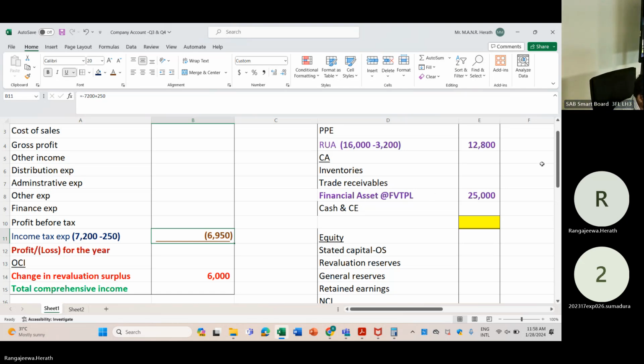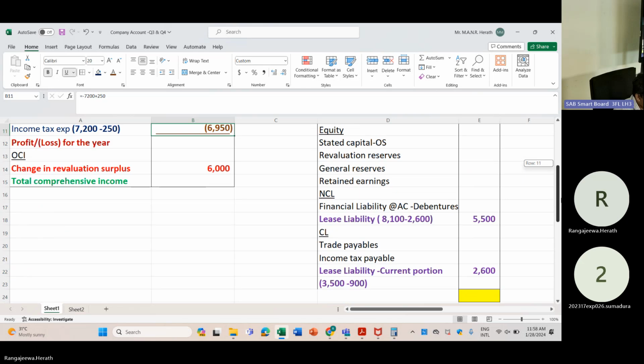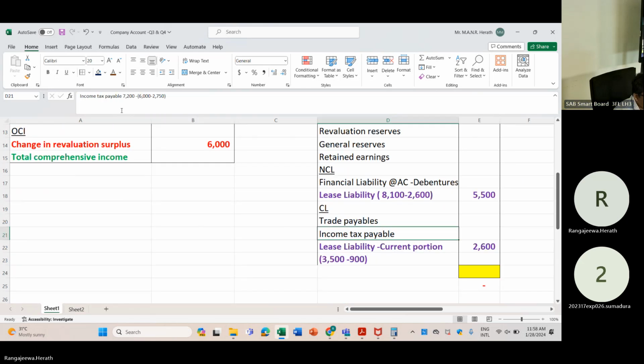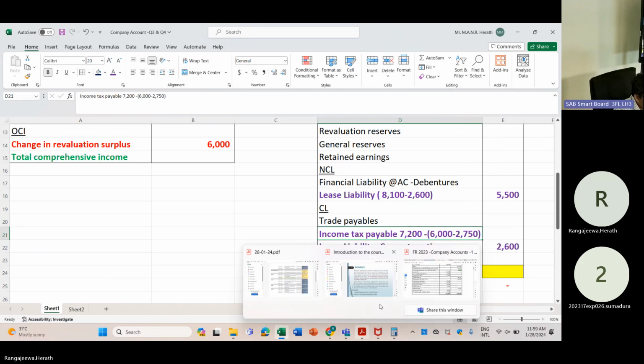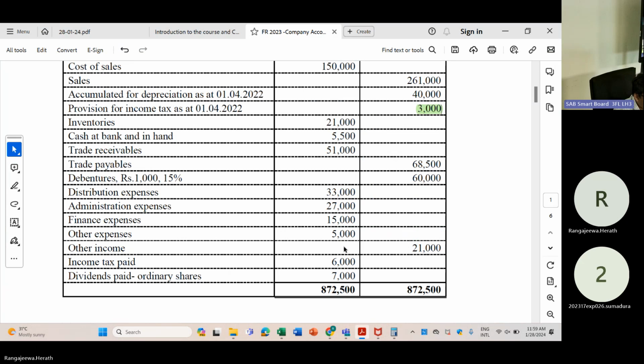Then we can have tax payable, income tax liability that we can calculate: total income tax for the year 7,200. එක ගානේ දීලා තියෙනවා. Income tax paid during the year, that is there in the trial balance, tax paid 6,000.